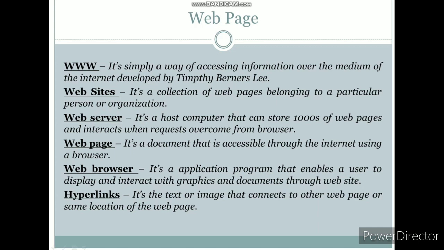Next you have web server. A web server is a host computer that can store thousands of web pages and interacts when requests come from the browser. You see some organizations like Google and many more. Google also has its own server, and when you search anything on your computer or laptop, you will be getting the information.